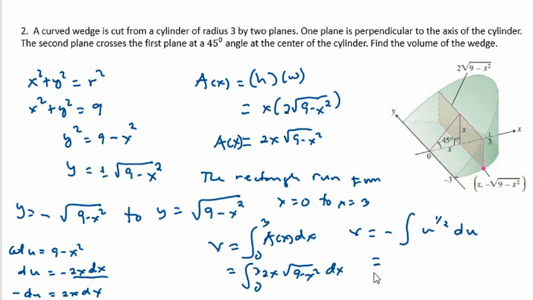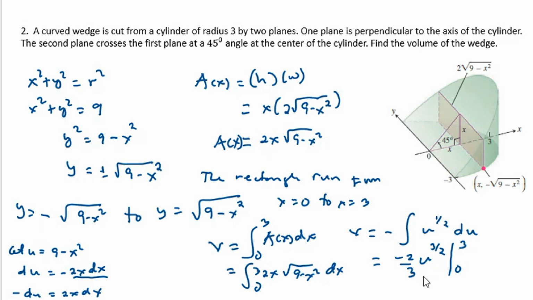And now integrating that, we can write negative 2/3 of u to the power of 3 halves, evaluated from 0 to 3.